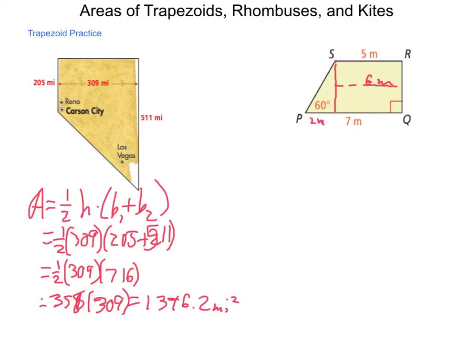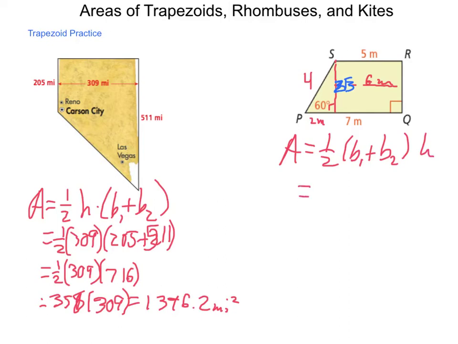And what we would have is a 30, 60, 90 triangle, meaning that the hypotenuse was 4, and then that height would be 2 square root of 3. So multiplying our numbers together, area is 1/2 the sum of the bases times the height.